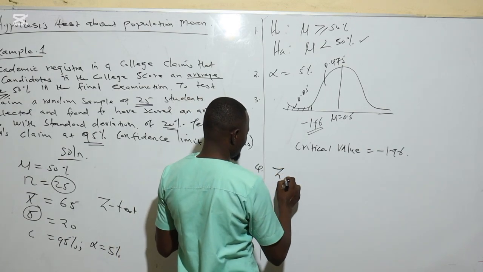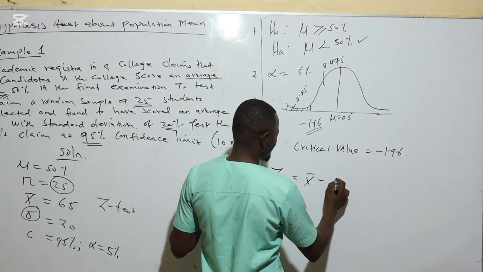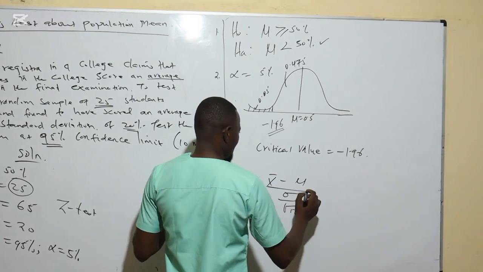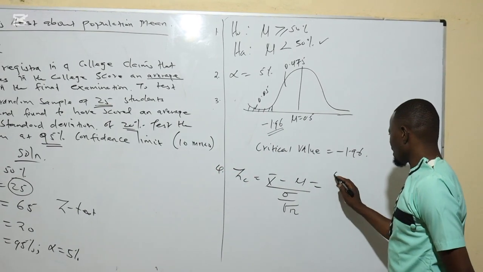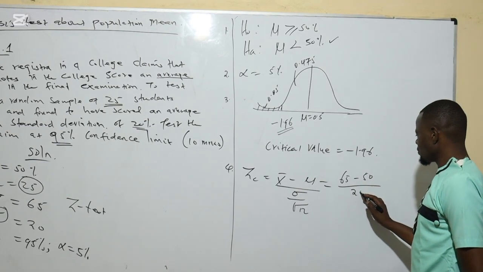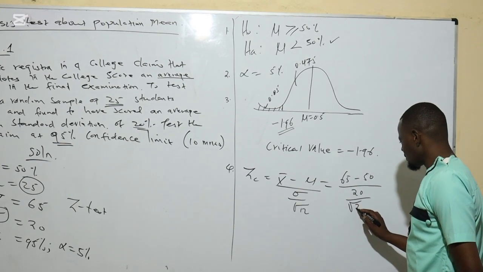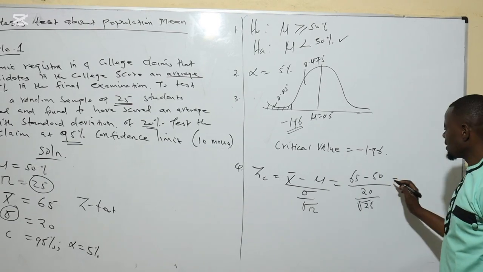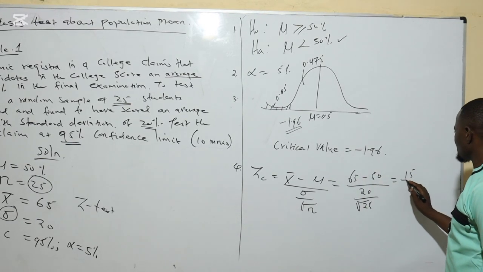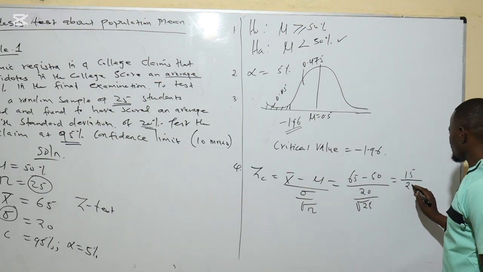Step number 4, let's find our test statistic. Remember, Z-cal will be X bar minus mu over standard deviation over root n. X bar is 65 minus 50, divided by standard deviation 20 over root of 25. And this one is 65 minus 50, you have 15 over 20 over root 25, which is 5.